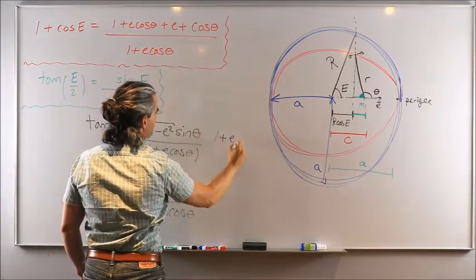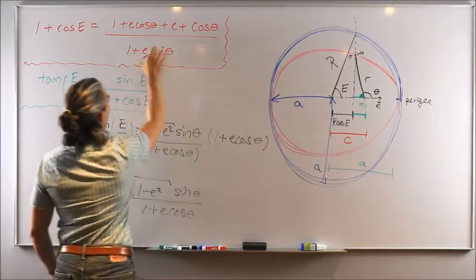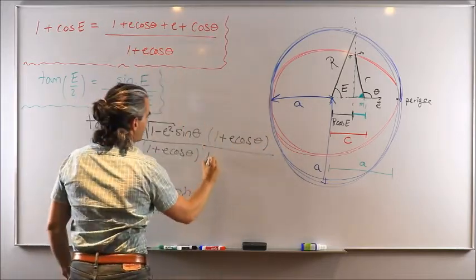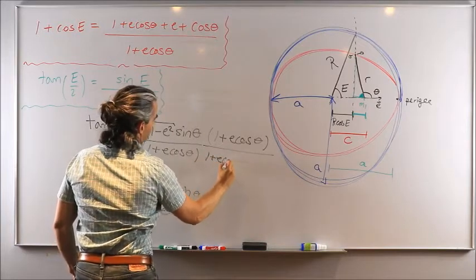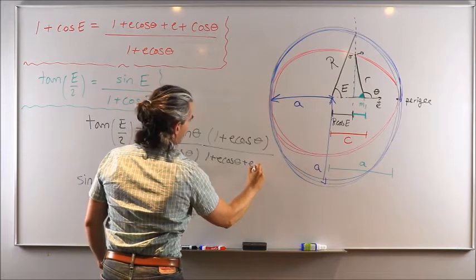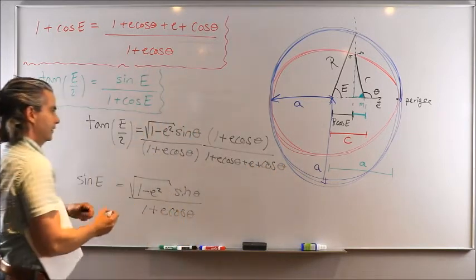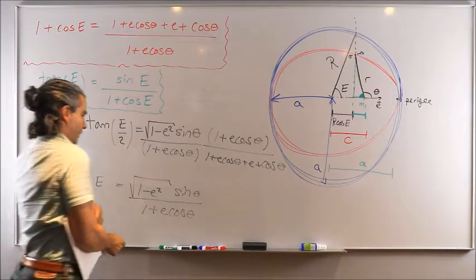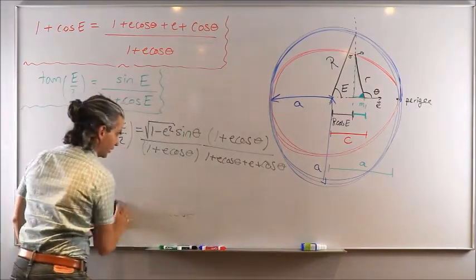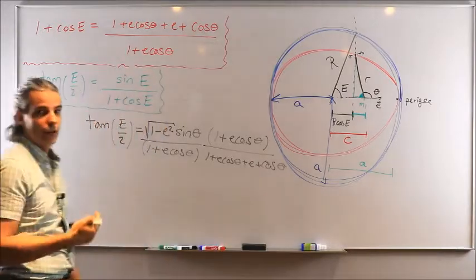So 1 plus e cos theta over all of the above, which is 1 plus e cos theta plus e plus cos theta, like that. Okay, so don't panic. It looks like a giant mess right now, but we're going to keep simplifying it until we get something very nice.